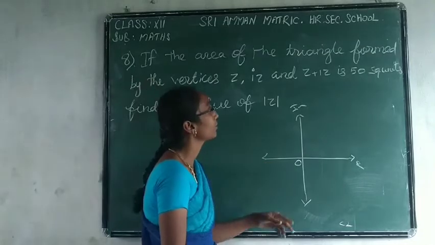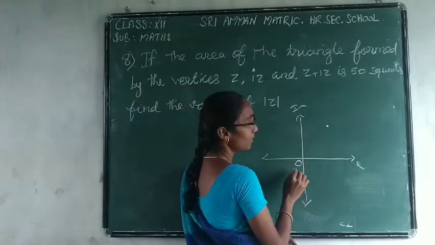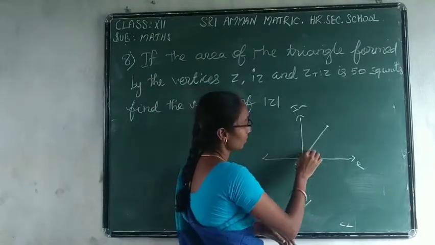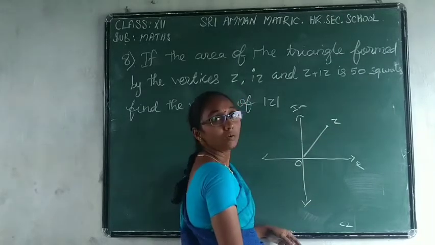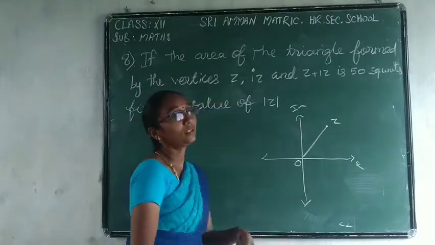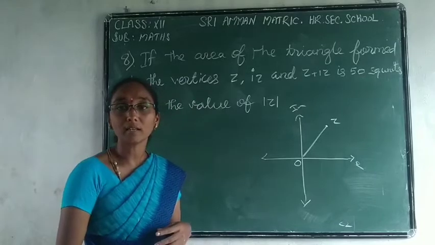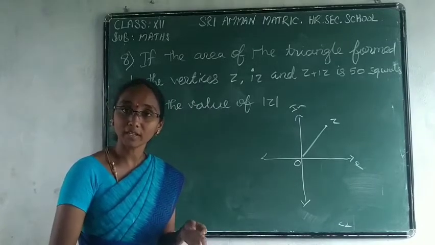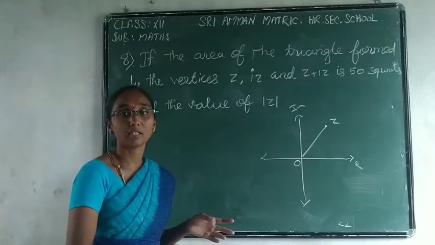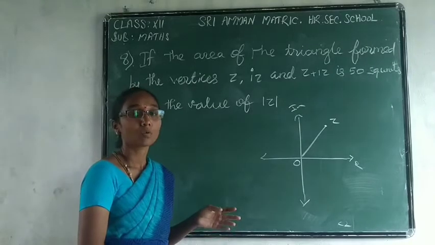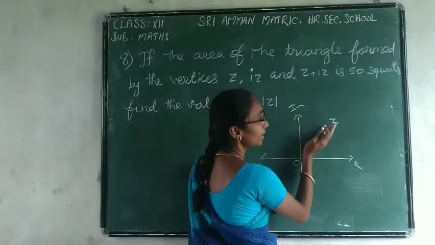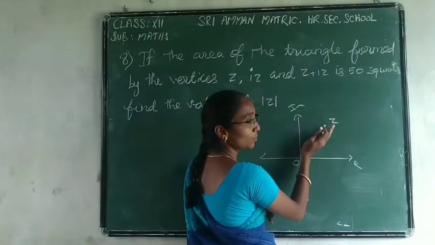Listen, here we consider this point as z. Multiplying z by i is a rotation of 90 degrees of z, so you move 90 degrees from the z point.